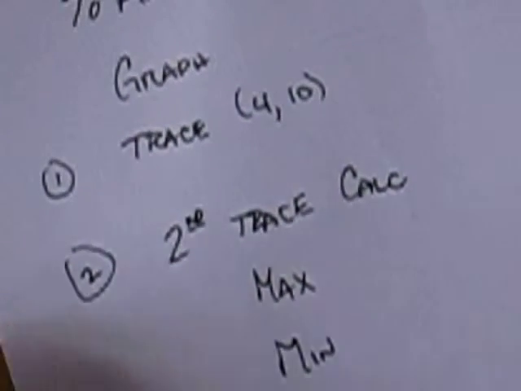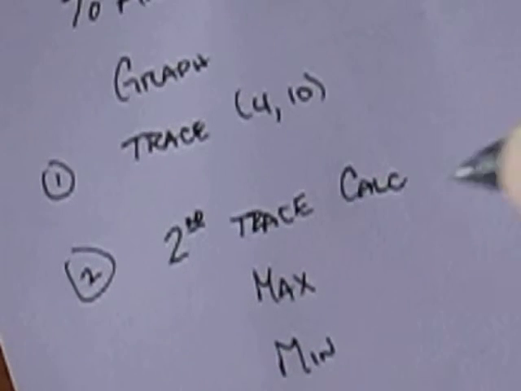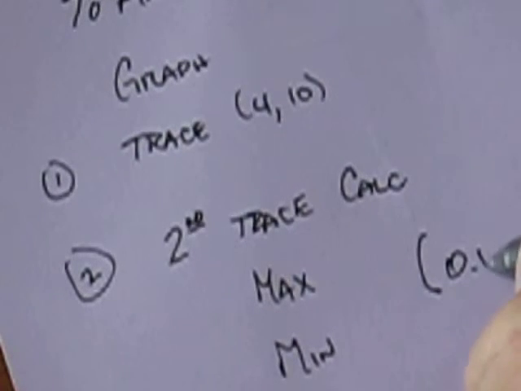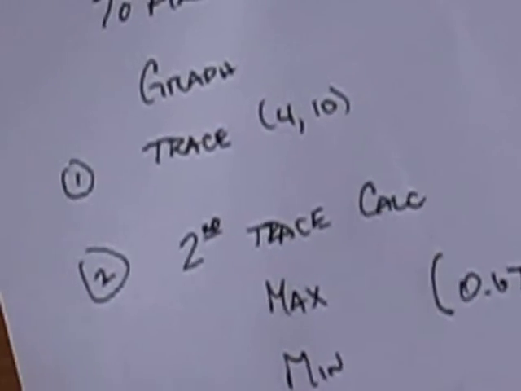Then it's going to ask you a series of questions: getting to the left bound, getting to the right bound, and then guessing. And it'll tell you more accurately at the bottom of the screen what the x coordinate is and what the y coordinate is for the max or min.